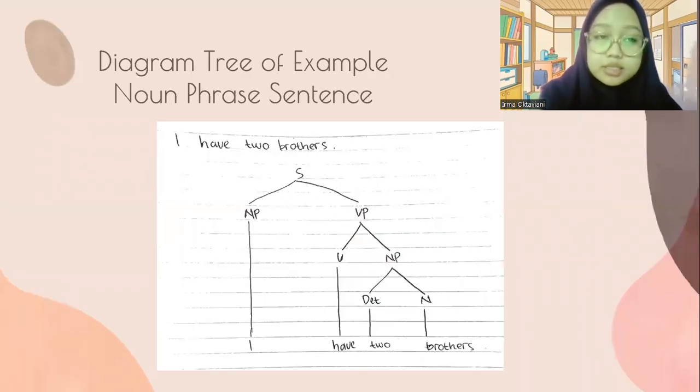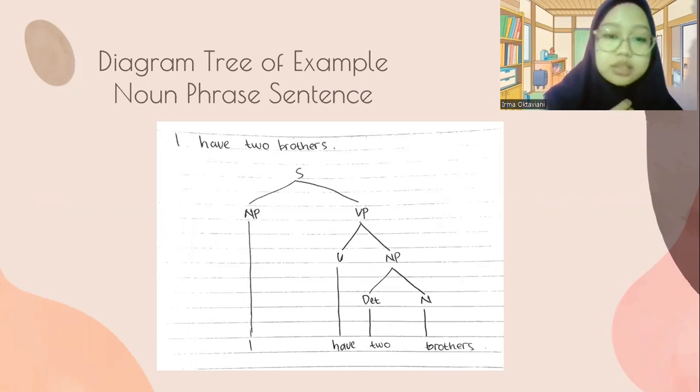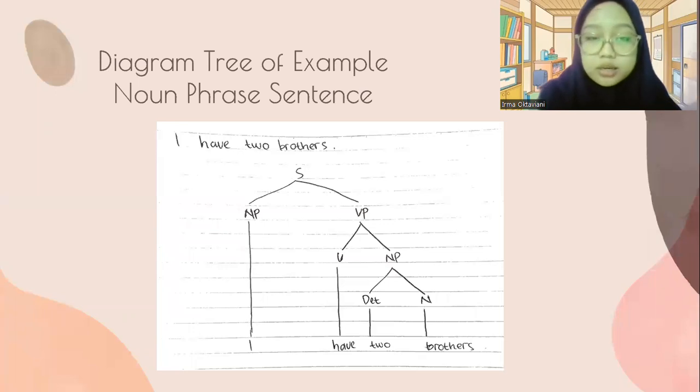And then the next is the tree diagram of example noun phrase sentences. The first is: I have two brothers. I have two brothers is a sentence with a subject NP, noun phrase, and VP, verb phrase.